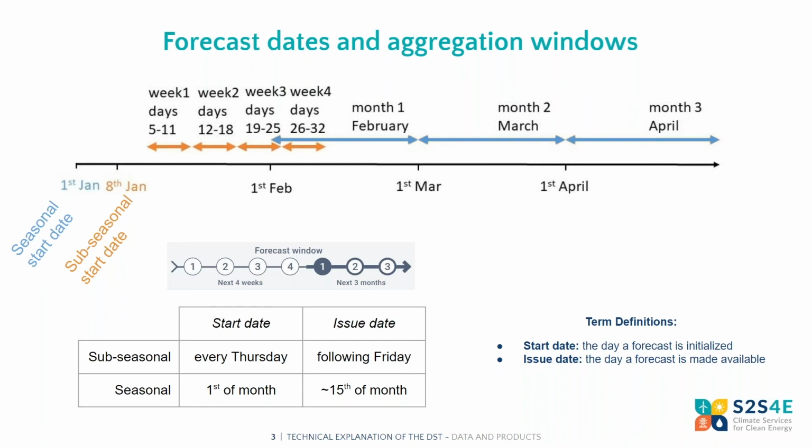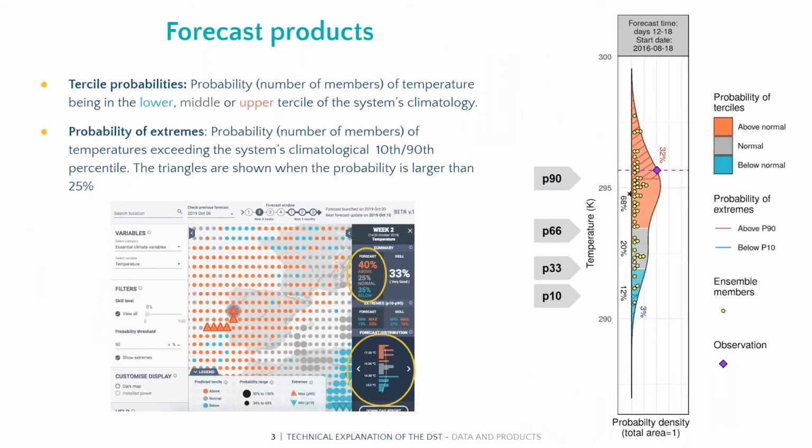The seasonal prediction systems are always initialized on the first day of each month, so they are updated once per month, but they only become available by the 15th of the month. And you will always find information for the next month, the second next month, and the third next month.